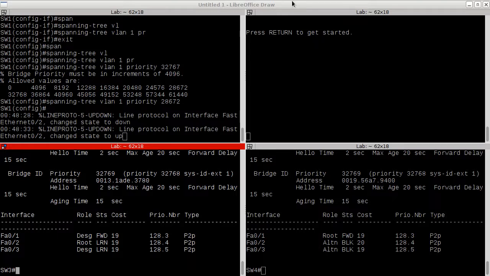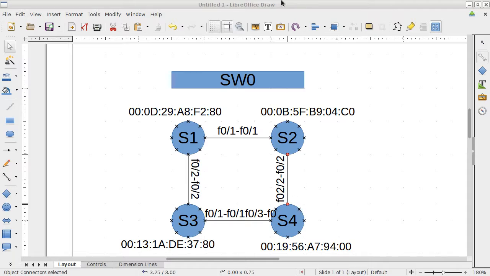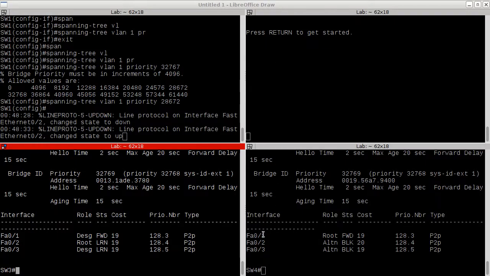So 02 is already being blocked, and 01 is forwarding, but 03 is blocked.